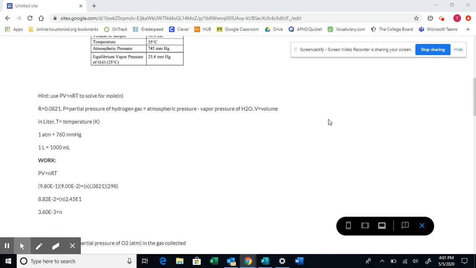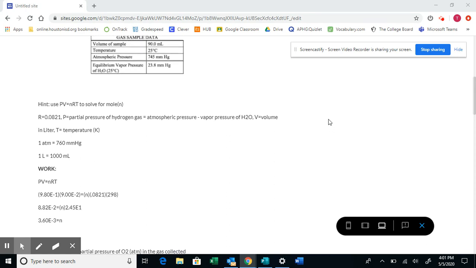My work is PV equals nRT. So first, you are given partial pressure in mmHg, so you're going to convert that by dividing 745 by 760, and you're going to get 9.80 e negative 1.